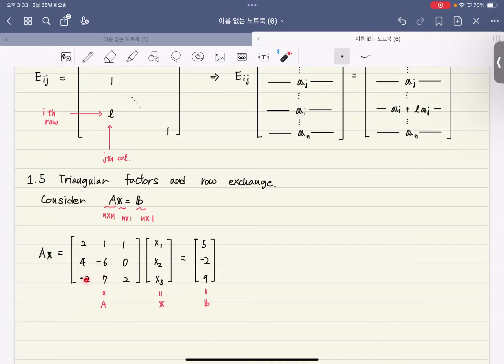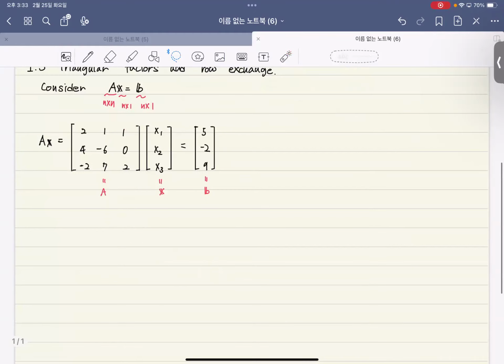So how do we do the forward elimination in this case? This is my original matrix A, and in order to do the Gaussian elimination, I will need to multiply the first row by -2 and add it to the second, and multiply the first row by 1 and add it to the third.